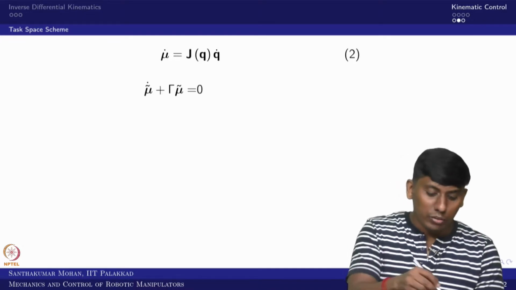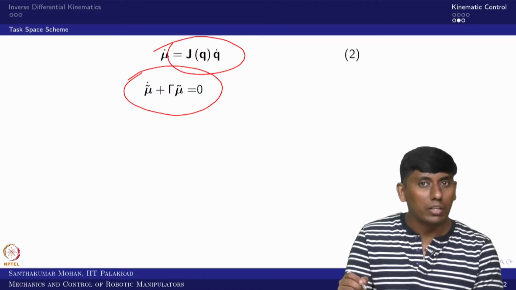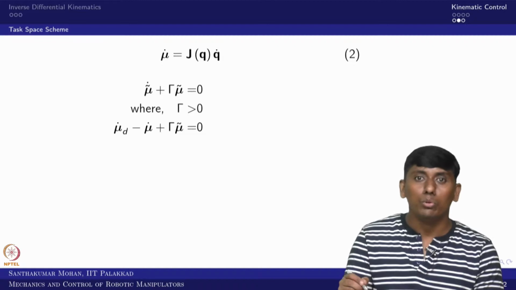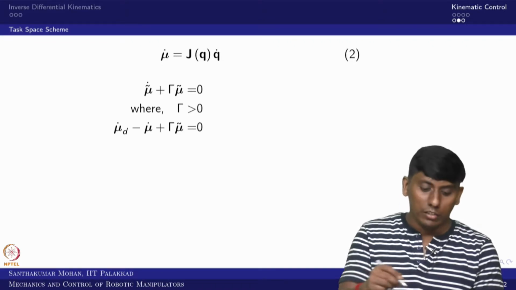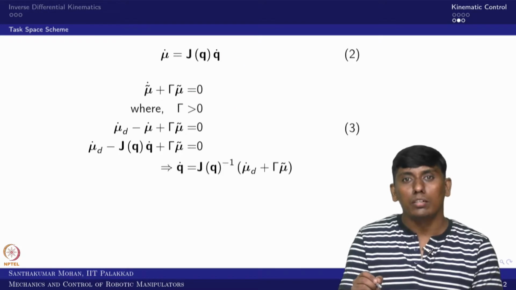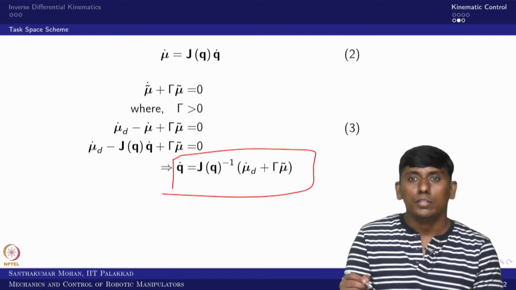Then this is known, and this is the equation we will be obtaining. Provided gamma is positive, we can get this. From there mu dot we can substitute, so this relation we can substitute, then we can find the q dot in this way. So now this is the control law, which is for the task space level.